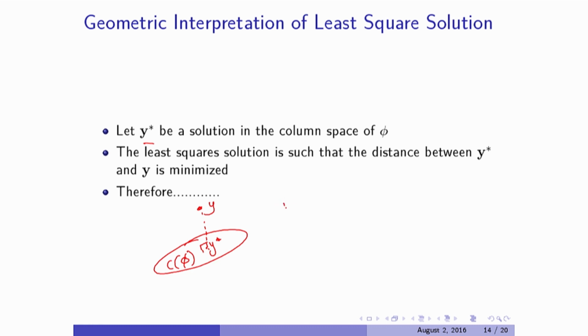That is, y minus y star should be orthogonal to the column space of phi. Now what is a column space? It is basically the space of all linear combinations of the columns of phi. So this is the same as saying that y minus y star is orthogonal to each column of phi.